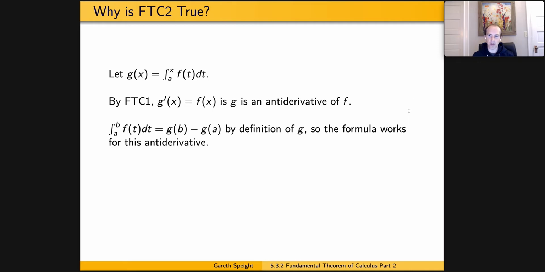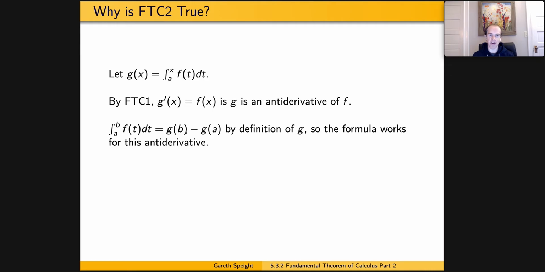And this rule that we're talking about, find an antiderivative, plug in b, plug in a, and subtract them, works for this particular choice of antiderivative, right? Because what are we saying? If we want to calculate our integral from a to b of f of t dt, we're claiming this is g of b minus g of a because g is an antiderivative. But what do we get if we go back to the definition of g and do g of b minus g of a? g of x is the integral up to x.